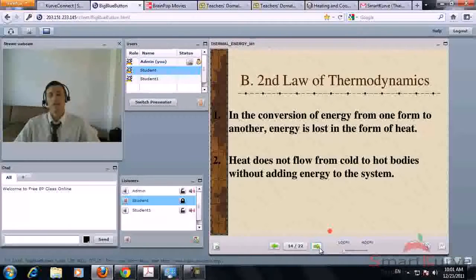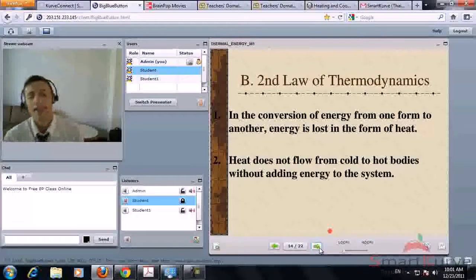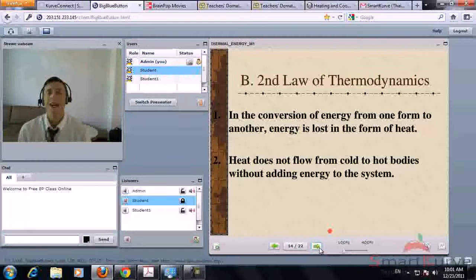Heat does not flow from cold bodies to hot bodies without adding energy to the system. And this is a concept we call entropy, the second law of thermodynamics. There cannot be a conversion of 100%.